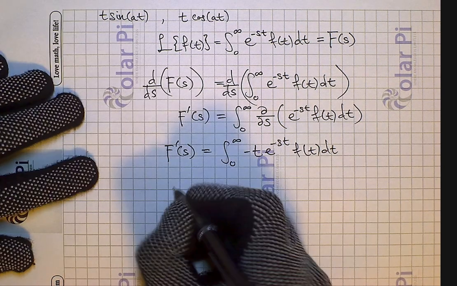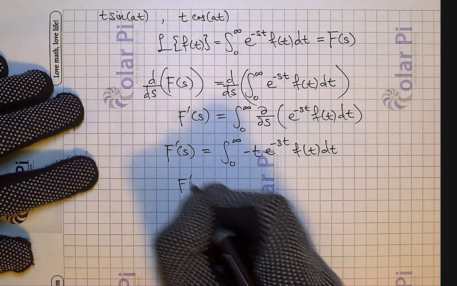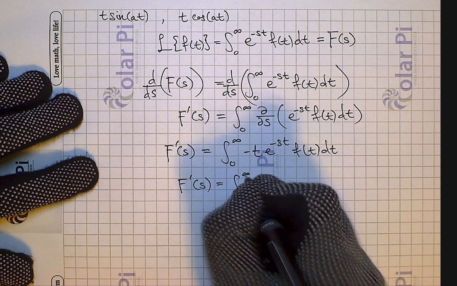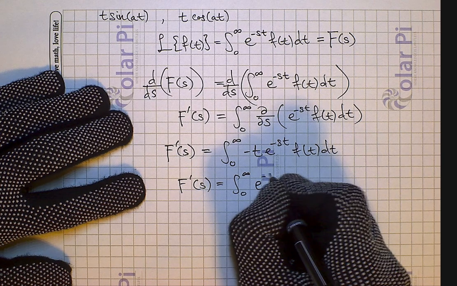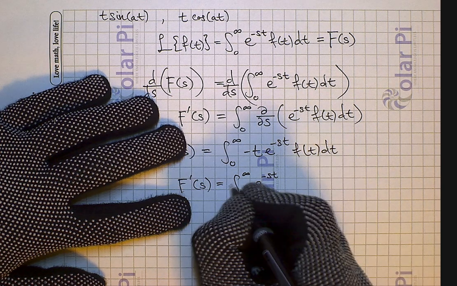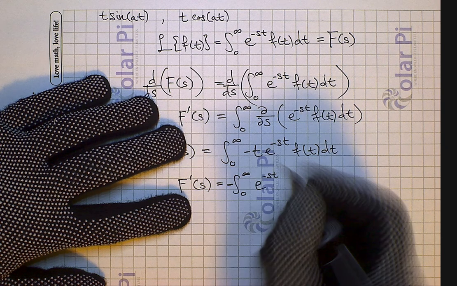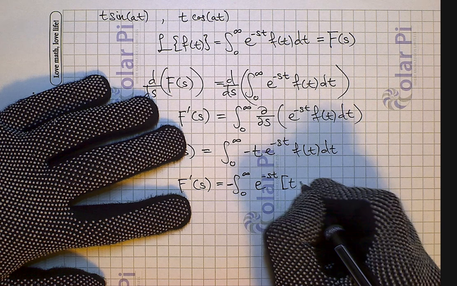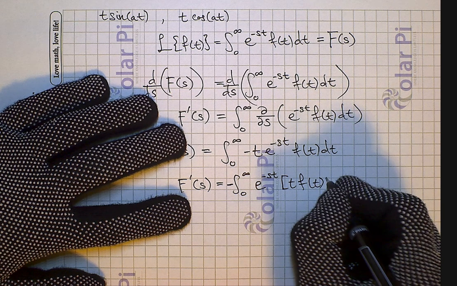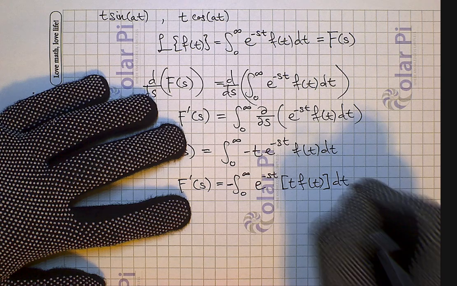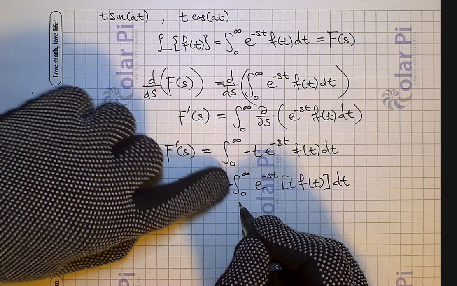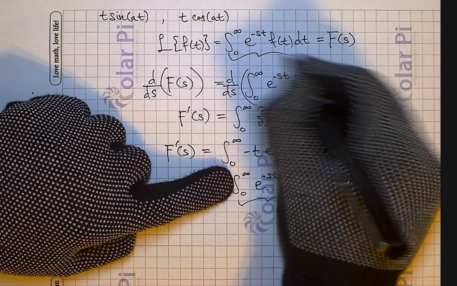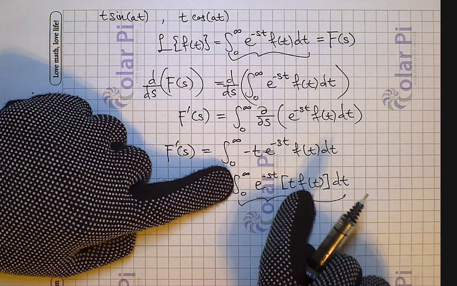Now I'm just going to group stuff a little differently on the right side. I'll write the integral from 0 to infinity of e to the negative st, and I'm going to take the negative from the t and write it in front of the integral, but otherwise I'll have t times f of t dt. Now look here, setting aside the negative sign, compare what I have here to what I had here. The only difference is that t there.